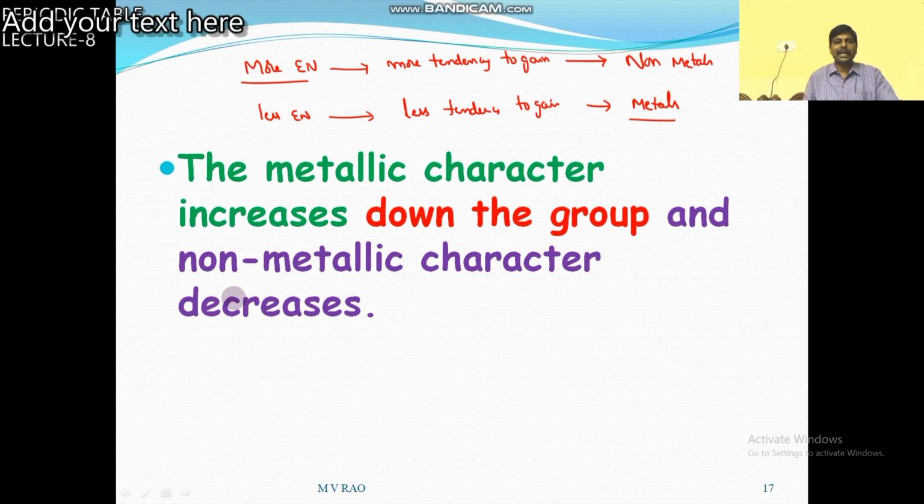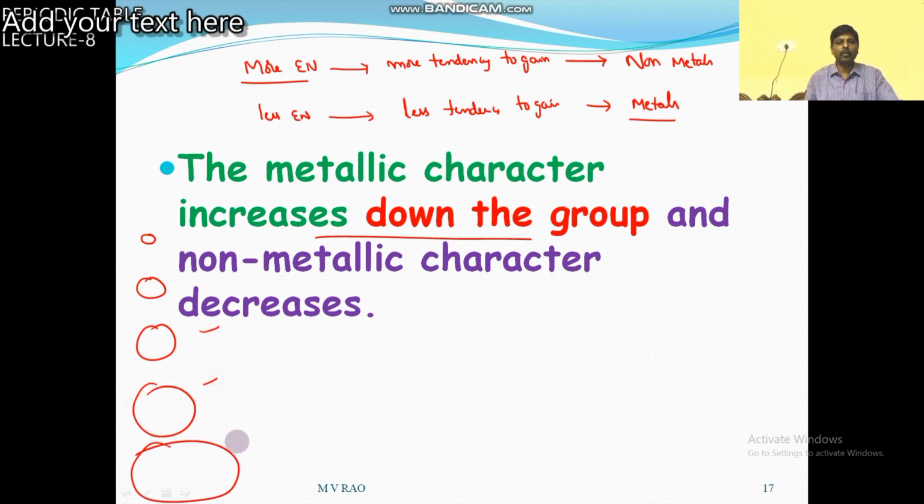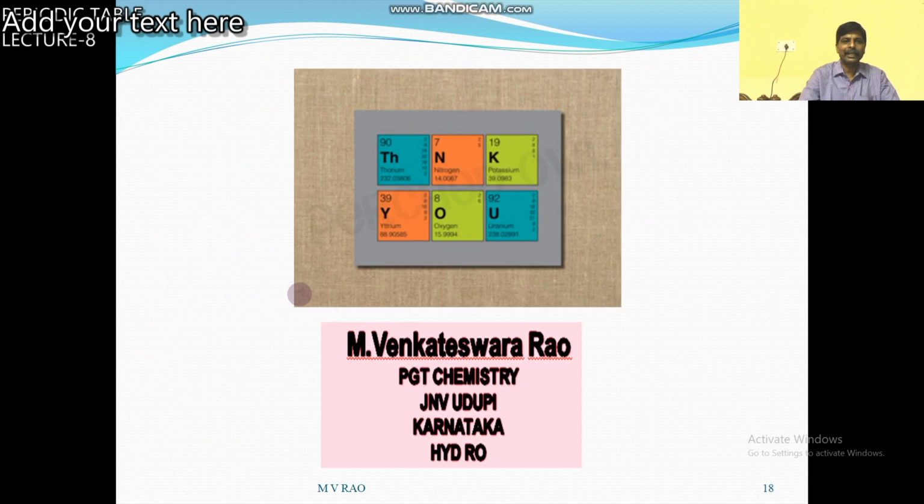Down the group, size increases, so the tendency to lose electrons increases. So down the group, metallic character increases and non-metallic character decreases.